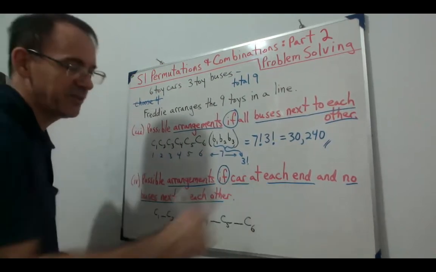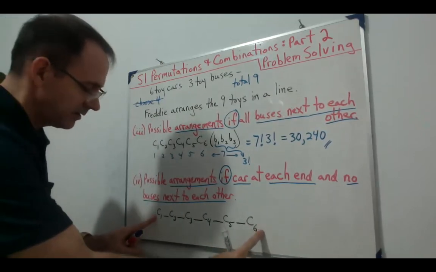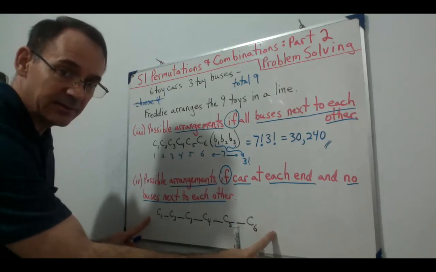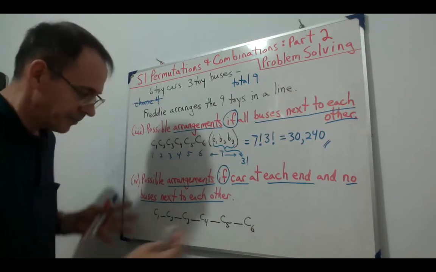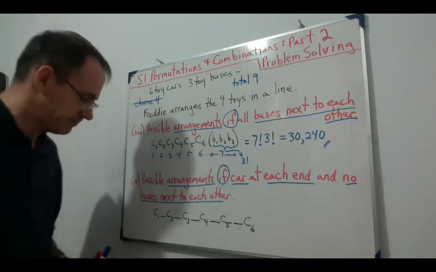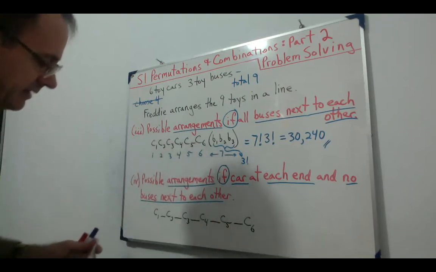But it said that the cars need to be at the end, so we're not allowed to have extra spaces for the bus to go. The spaces need to be inside, not on the outside. So got to read carefully. The cars have to be at the end.